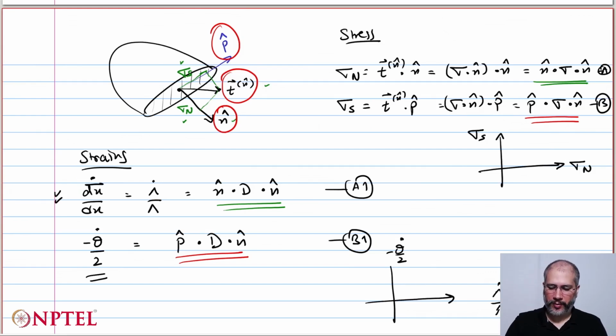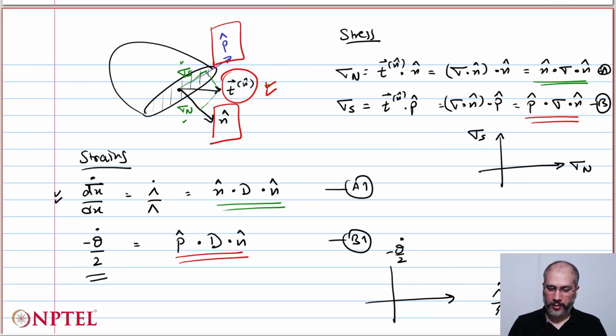And then our p hat automatically is the direction which is in the plane of n hat and traction. So if I choose an n hat, then my p hat is already decided.